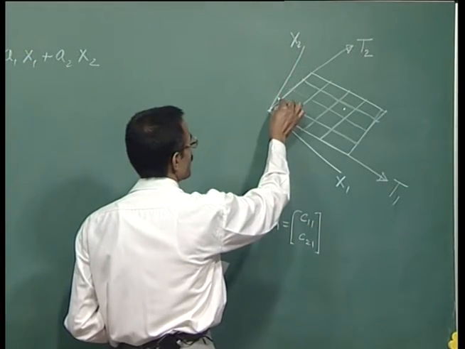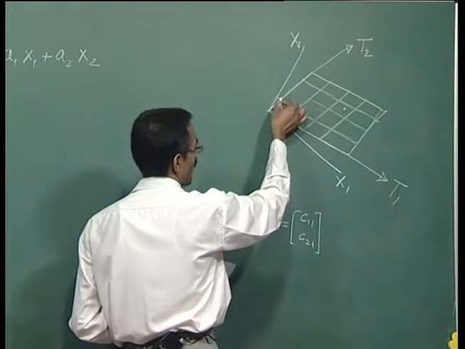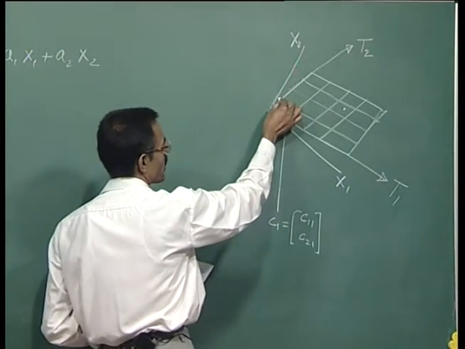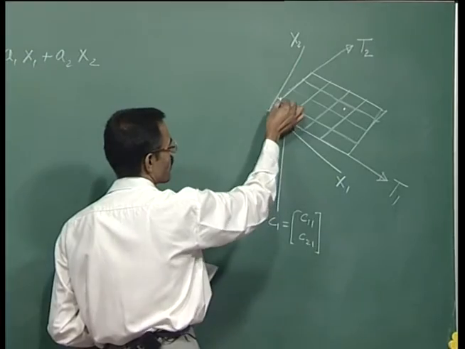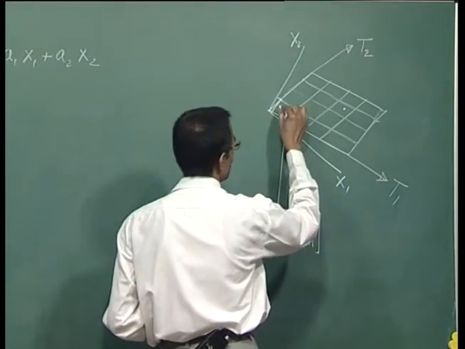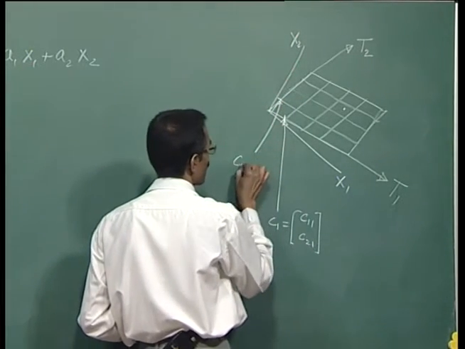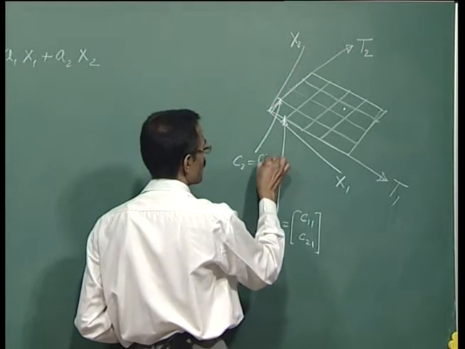Similarly, this unit, which is 2 centimeters in this case, we want to find out its vector's description in the original x1 x2 system and call it c2.